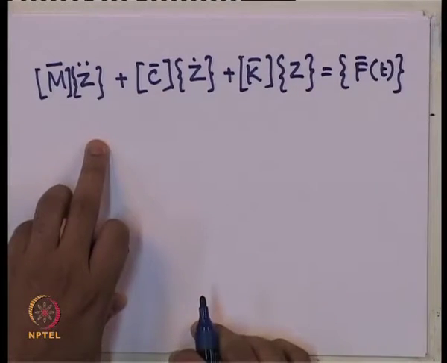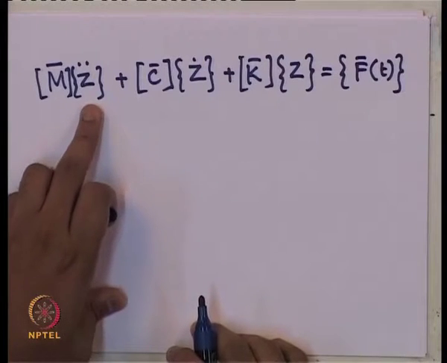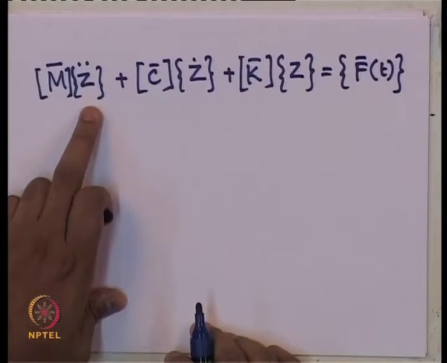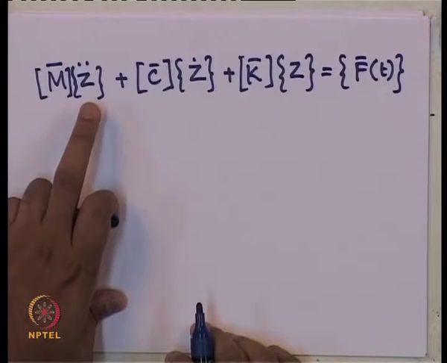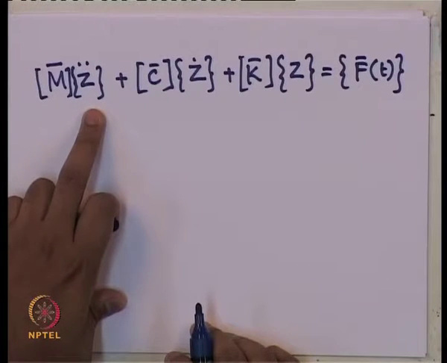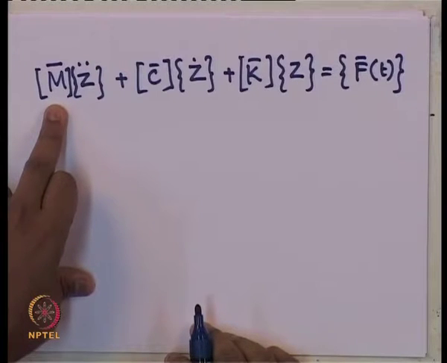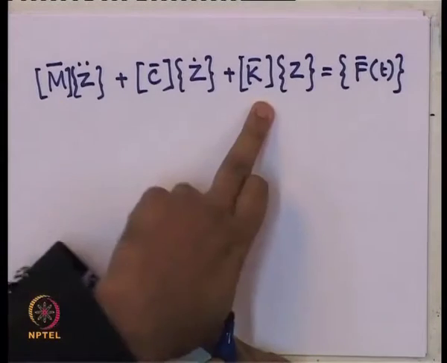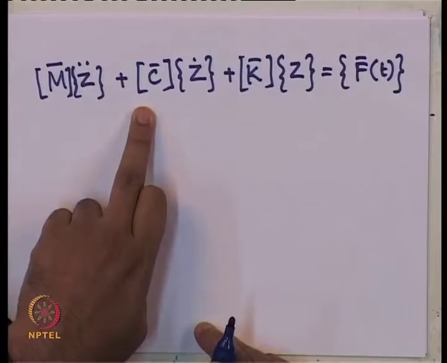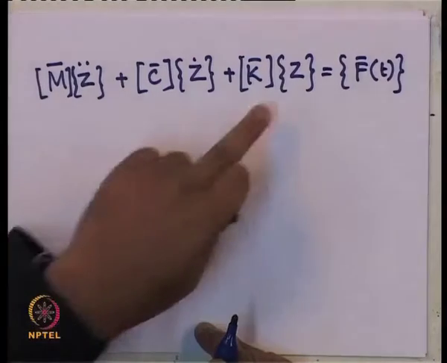What does it mean? Using the transformation matrix, in the new coordinate system, which we are referring to as the natural coordinate system, the corresponding changes in our mass, stiffness and damper matrices are represented by M bar, C bar and K bar.